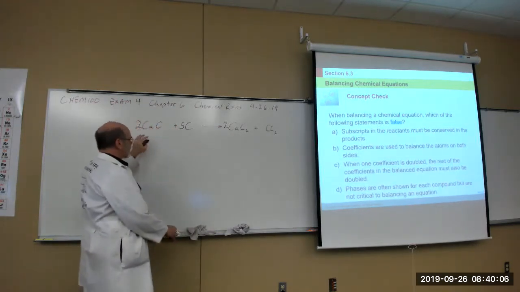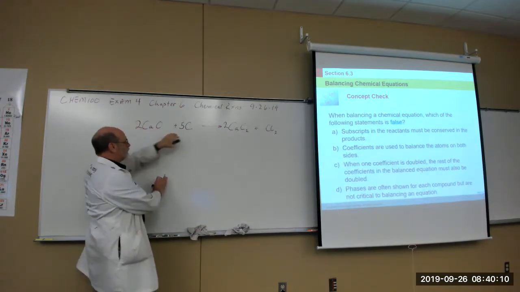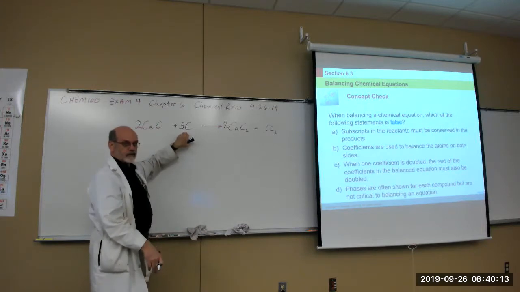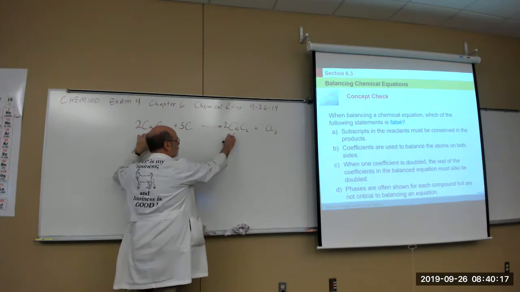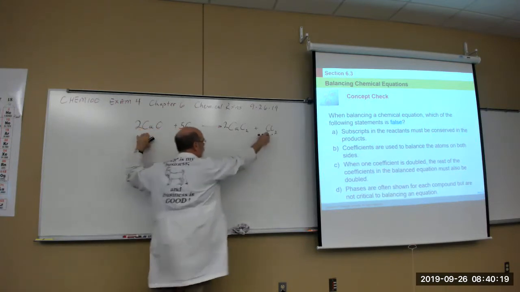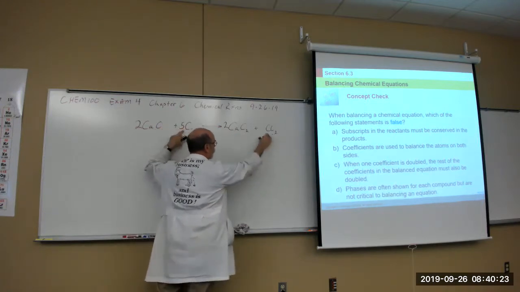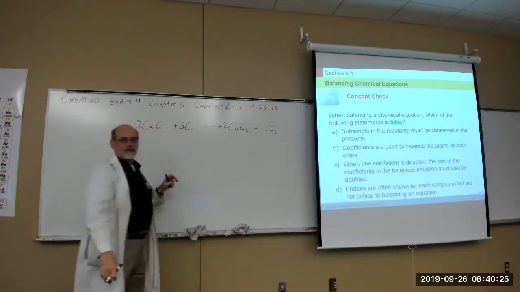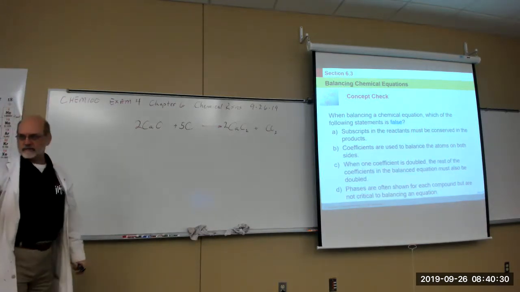Because what you're establishing is a ratio. For every 2 of these, you need 5 of those. And for every 2 of these, you produce 2 of those. Or you produce 1 of those. For every 5 of these, you produce 2 of those and 1 of those. It's all that ratio that's important.